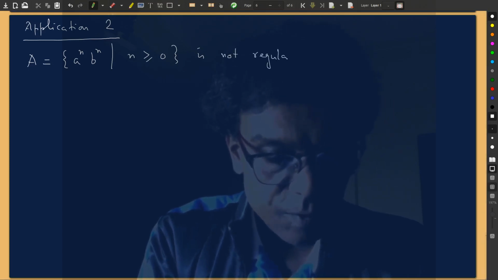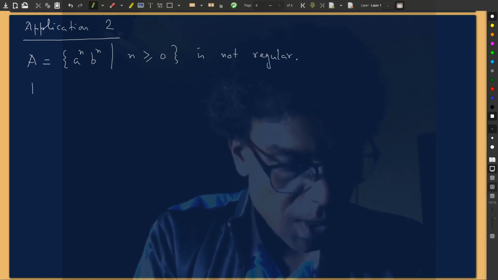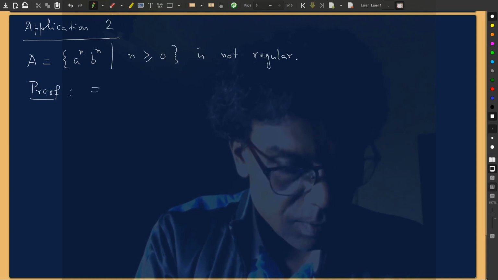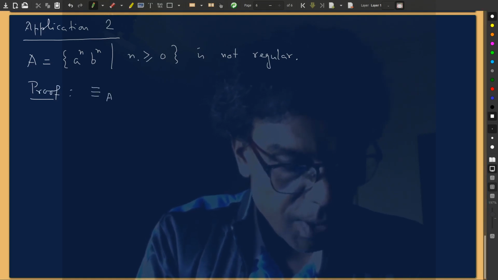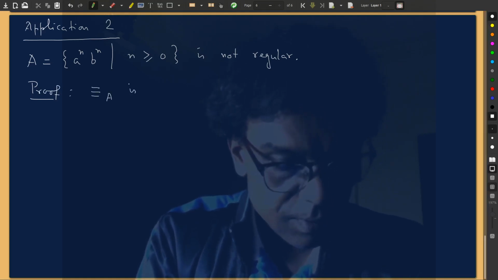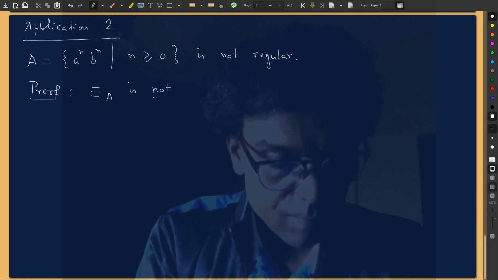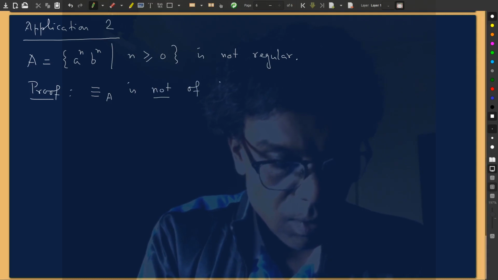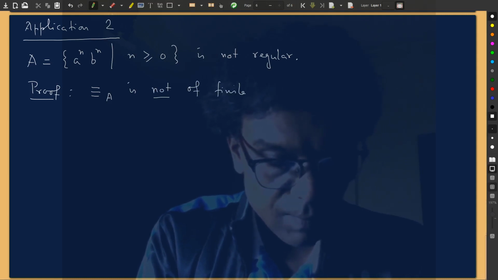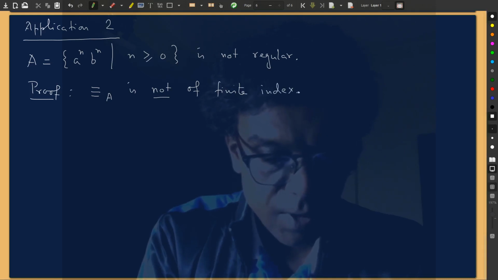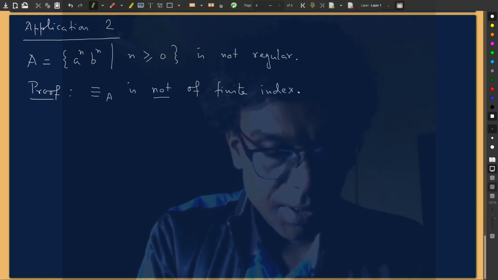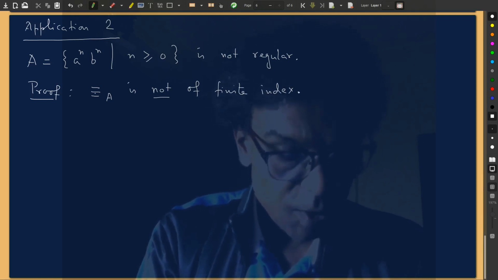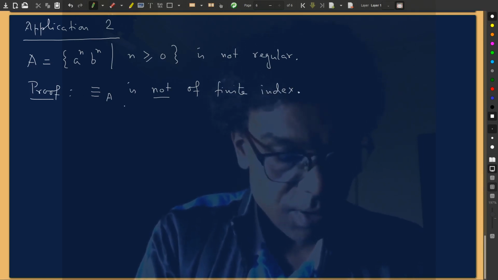So I will prove this by looking at this. In particular, I will show that this is not of finite index. And since the Myhill-Nerode theorem is an if and only if criterion for regularity, this will prove that this language is not regular.